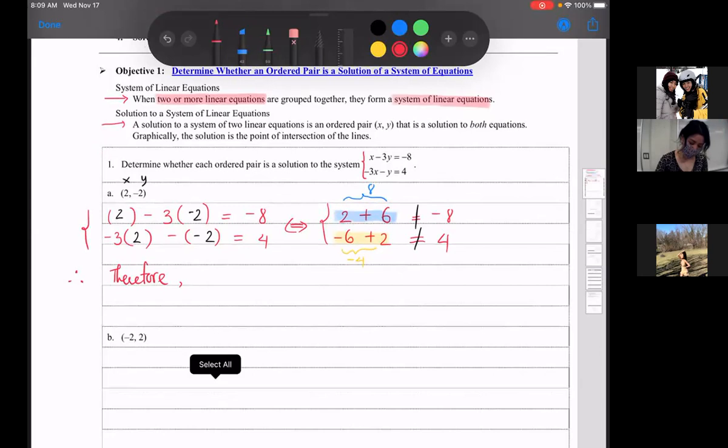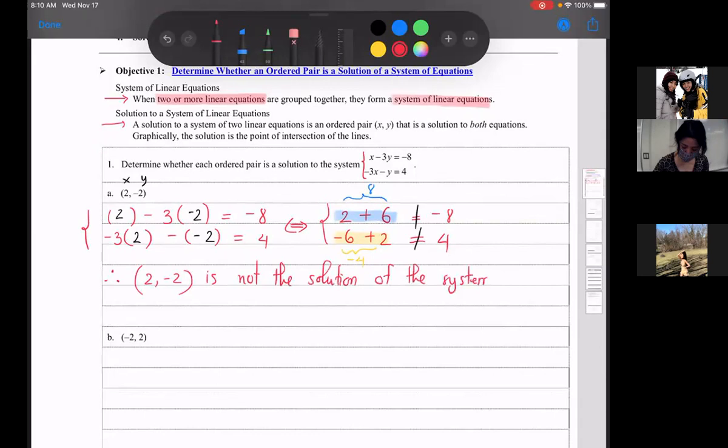So therefore, 2, -2 is not the solution of the system above.